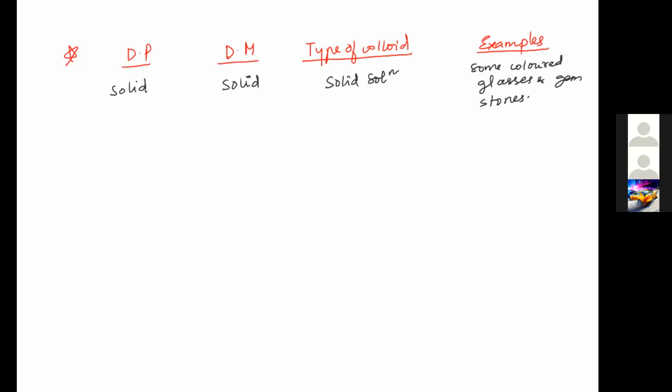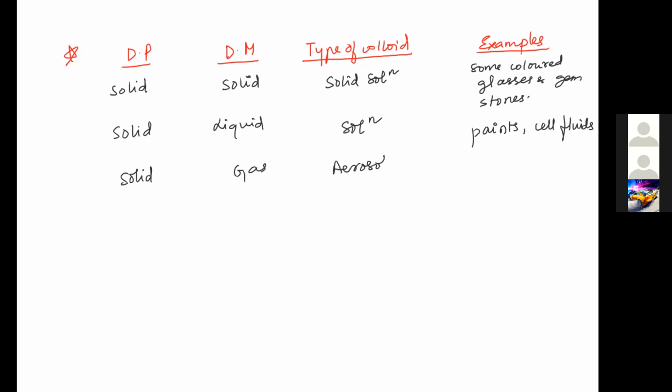Next we have solid in liquid. In that case, like how I said, it's gold solution, it's simply a sol. So it is paints, cell fluids. Solid and gas, you call it an aerosol.